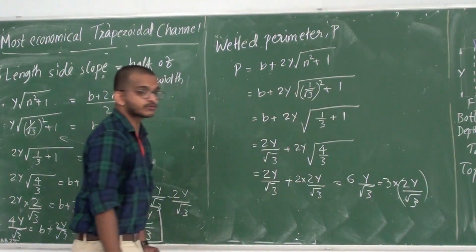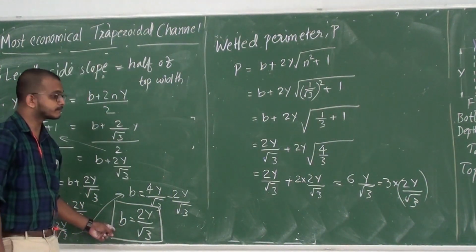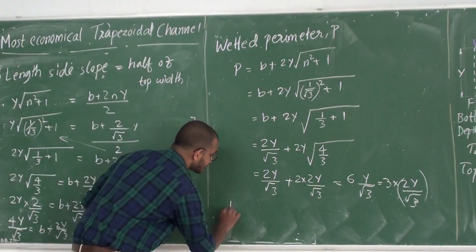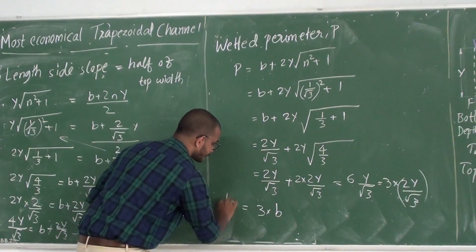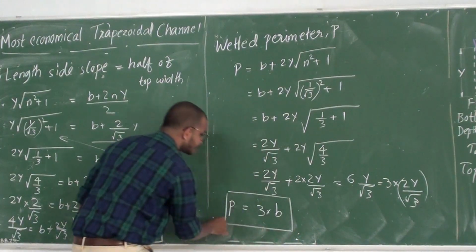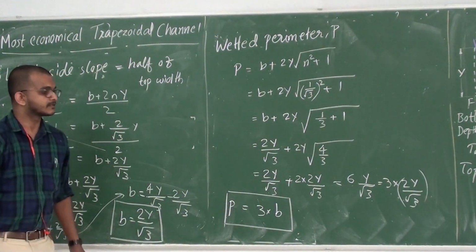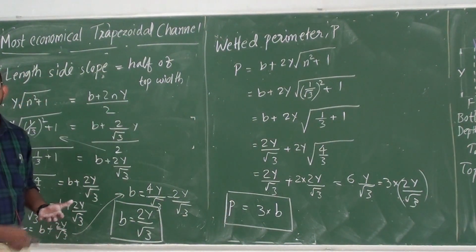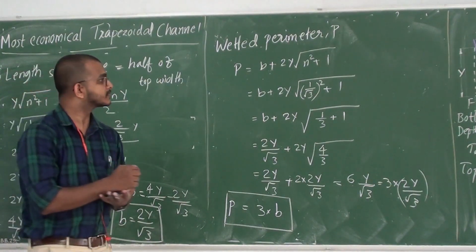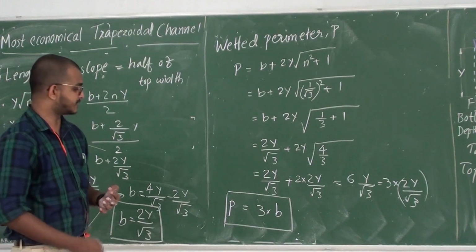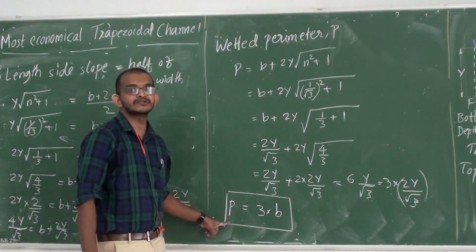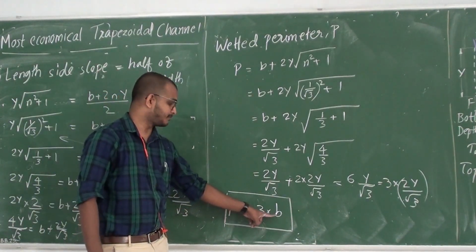So what is 2y by root 3? 2y by root 3 is b. So wetted perimeter P is equal to 3 into b. So what does that mean? When the channel section is the most economic one, with this side slope theta is equal to 60 degree, then the perimeter P is equal to 3b, where b is the bottom width.